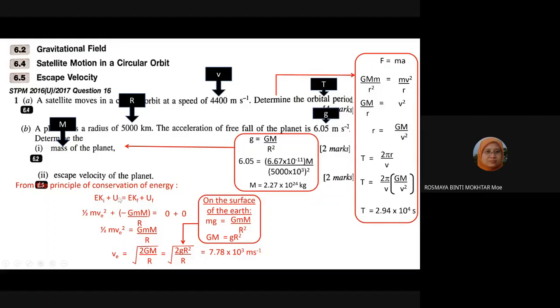The potential energy formula is negative GMm per R, where R is measured from the center. Because it is on the surface of the Earth, you substitute R as the radius of the Earth. So this is the initial total energy on the surface.